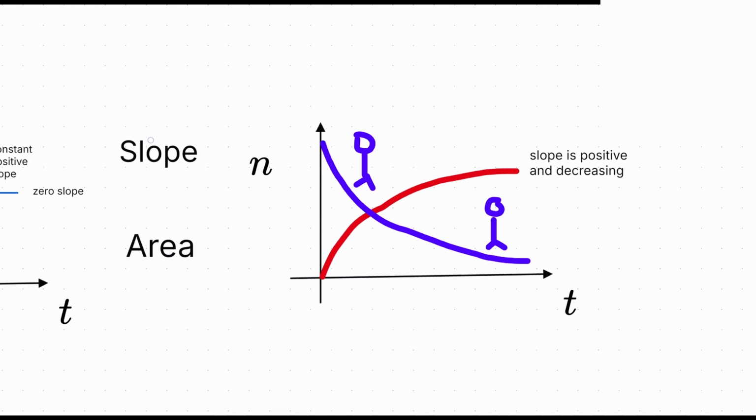So the slope is also decreasing. But what can we say about the sign of the slope? If we draw a tangent line to that curve, what can we form? A line with a negative slope. So we can say that the slope is negative and decreasing.